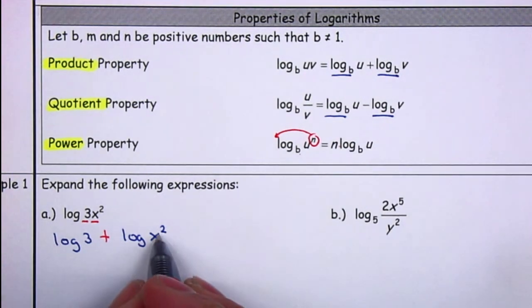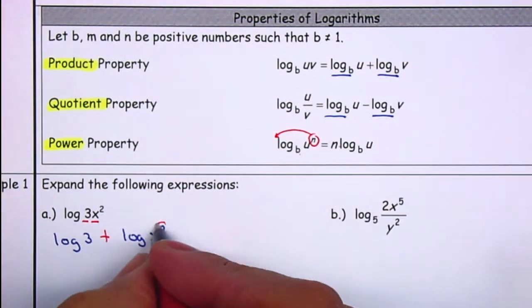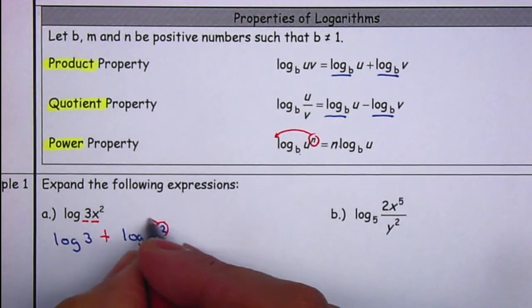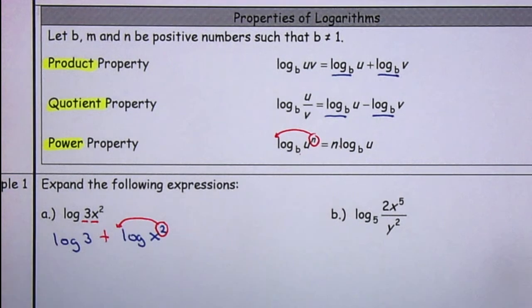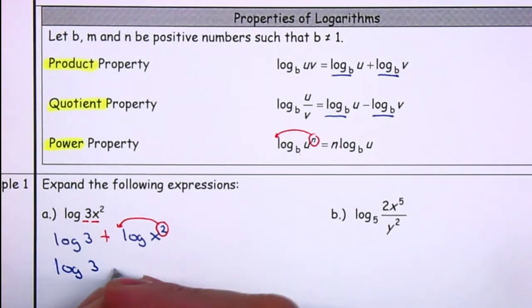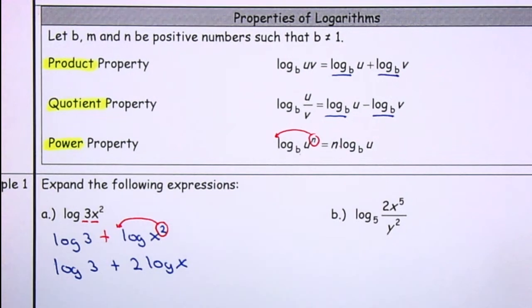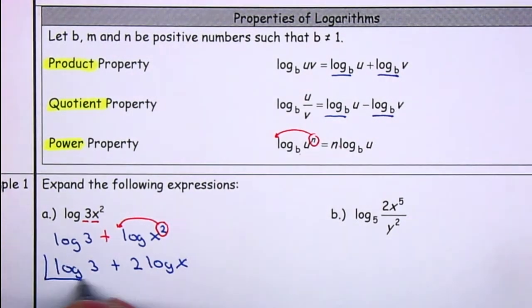Now, we have an exponent, therefore we're going to use the power property. So we're going to place the exponent for the x as the coefficient. This will be the log of 3 plus 2 log of x. And that's it, we expanded it.